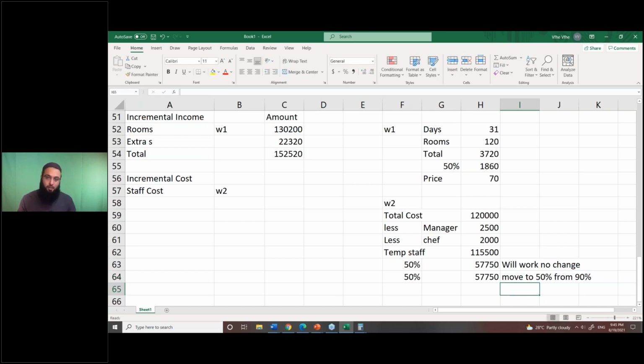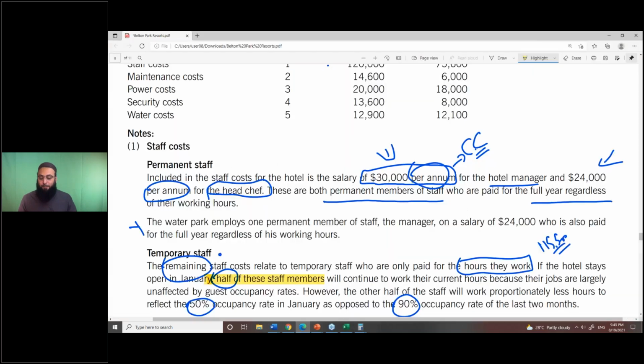Are you getting my point? I hope you are getting my point. So this 50% of temporary staff will not change. This cost will remain the same. But the other 50% now will change, which means this 50% basically is working at the current capacity of 90%, which you now need to bring back to 50% occupancy.